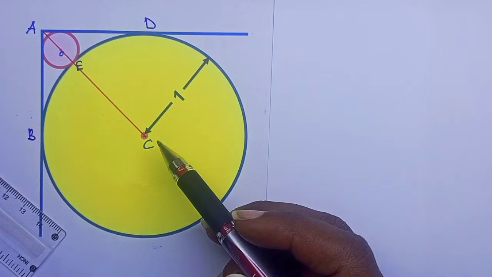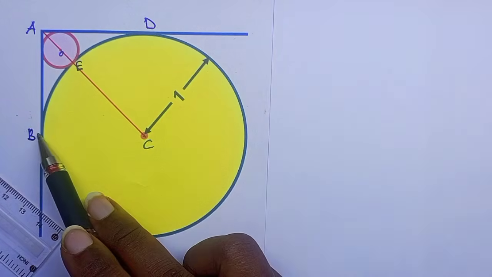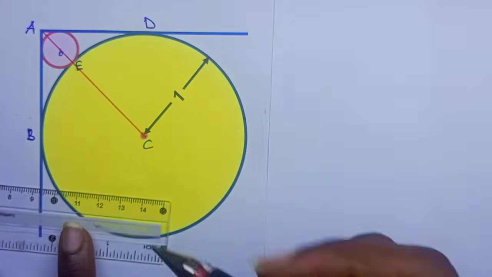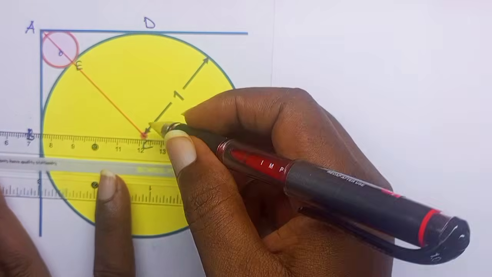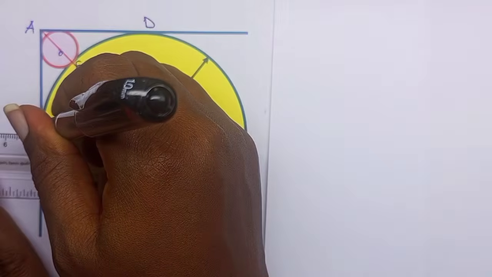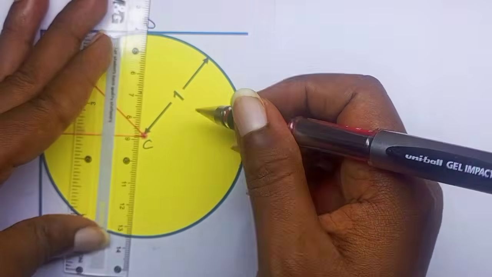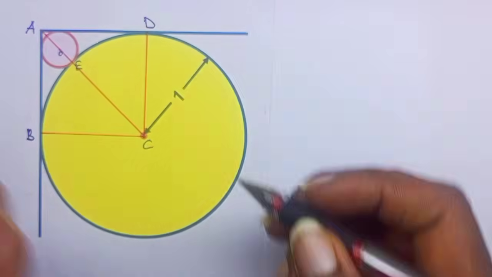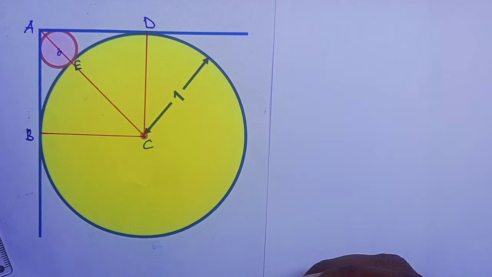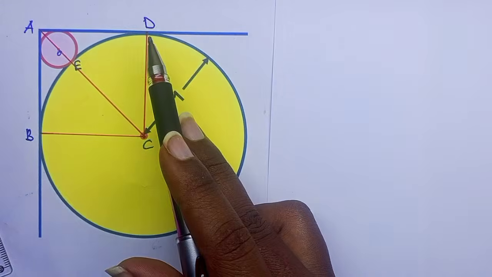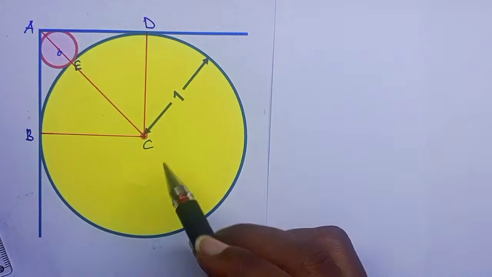Next, let us connect center C to point of tangency B and point of tangency D. As you can see, BC and DC are radii of the big circle.